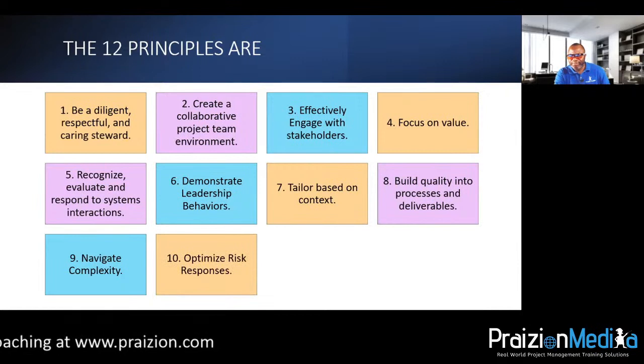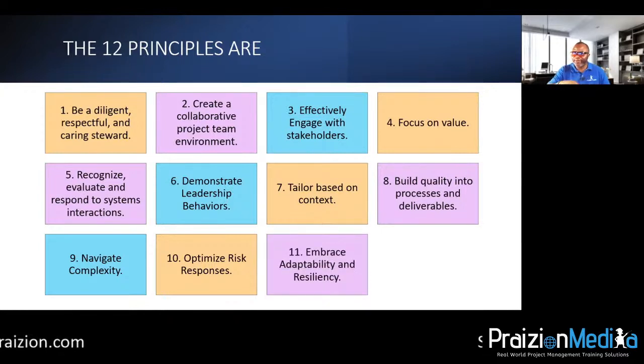Number 10, optimize risk responses. You got to optimize that response to make sure it's the best one ever, whether it's for positive risks, right, or opportunities, or negative risks or threats. It's that simple. Number 11, embrace adaptability and resiliency. Be adaptable. Be malleable, because it is not the strongest of the species that survives.